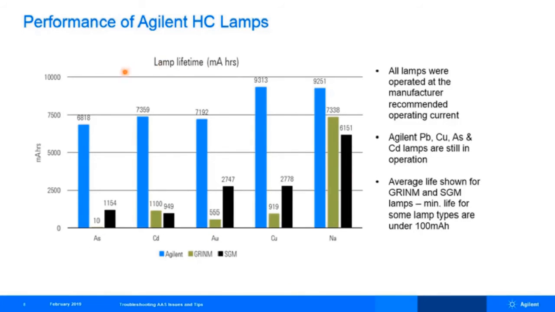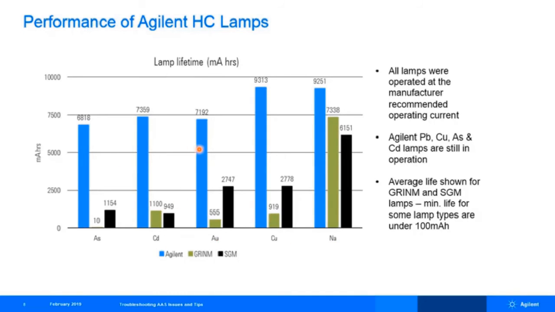This is another slide that looks at the lifetime, comparing the performance or the lifetime of the Agilent lamps with a number of our major competitors. And here we're focused on the lifetime for arsenic, for cadmium, for gold, for copper, and for sodium lamps.